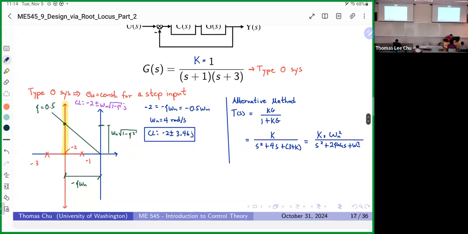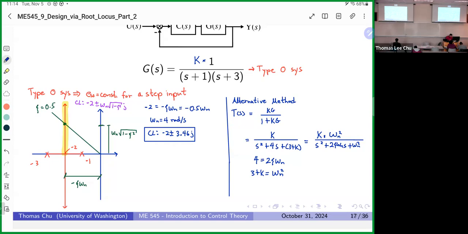So we know what zeta is. We know zeta is equal to 0.5. So we get 4 is equal to 2 zeta omega n. And we also know that 3 plus K is equal to omega n squared.